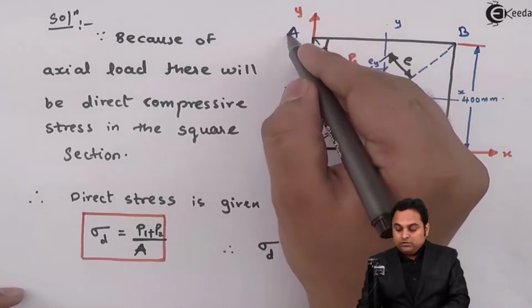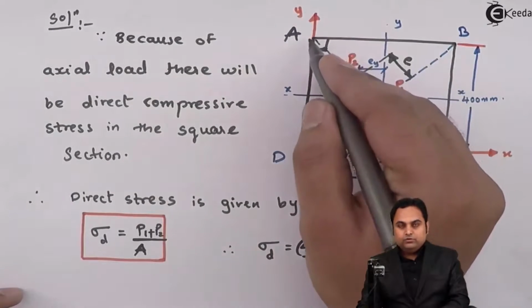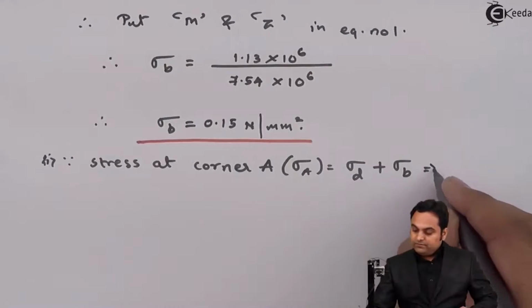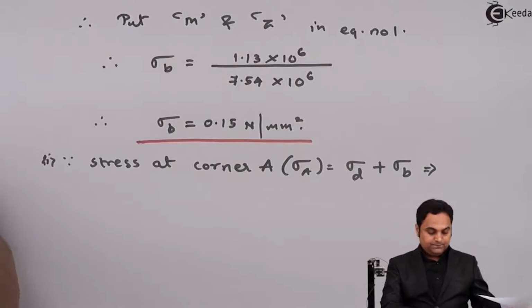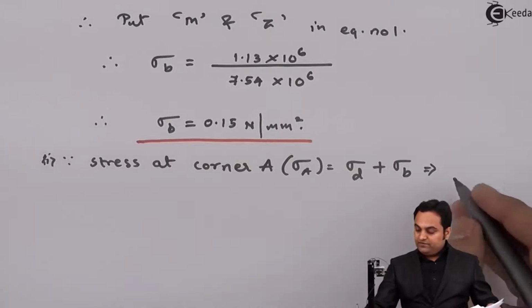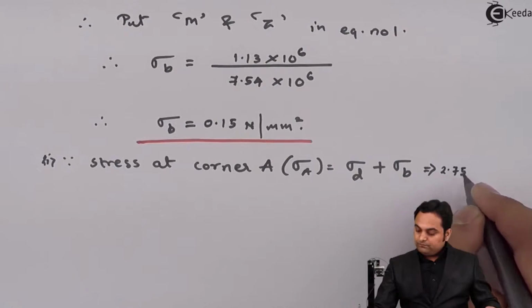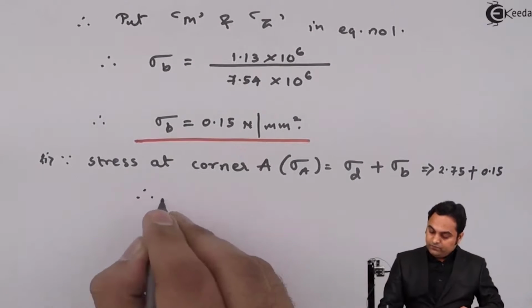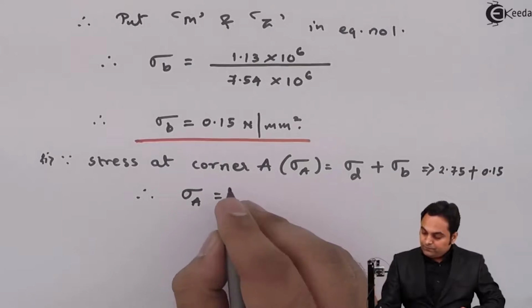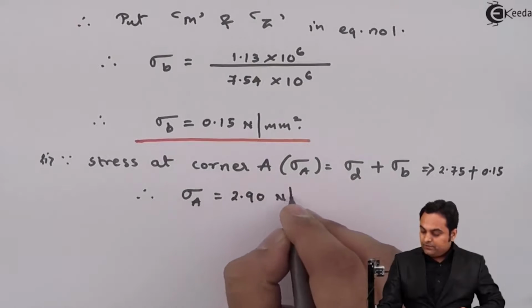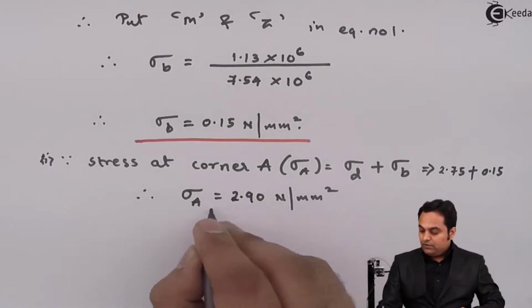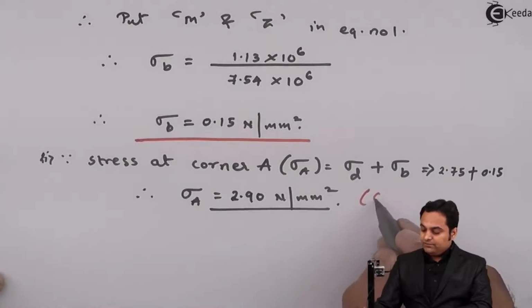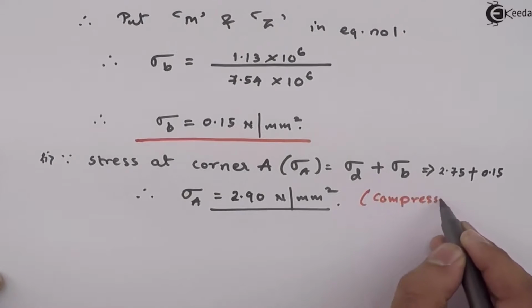As we see here, corner A is closer to the load, so there will be bending on it. So it is sigma D plus sigma B, 2.75 plus 0.15. Therefore the stress at A is 2.90 Newton per mm square. This is the only chapter in which we take the positive value as compressive stress, so the stress nature is compressive.